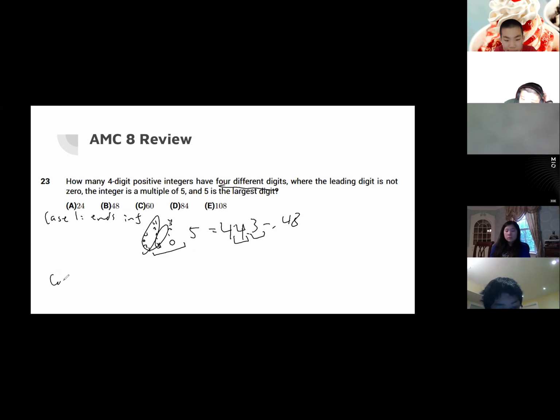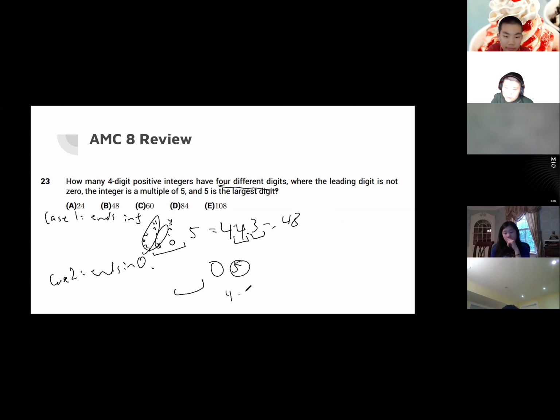For the second case, which ends in 0, we know that the largest digit is 5, so one of these has to be a 5. So let's just choose the 3 digits that are in here in no particular order. We know that a 5 has to be one of them, and then for the other two, we can choose any 2 numbers that are not 0 and not 5. So you have 4 options for the first one, 3 for the second one, but right now we don't care about the order, so that's 6.